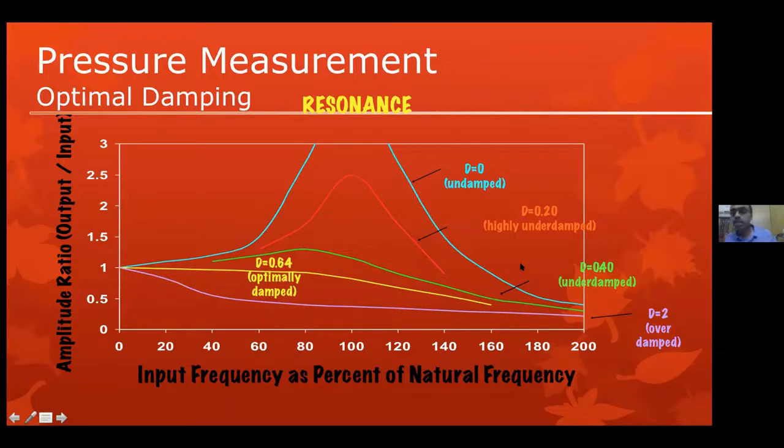Another question: should balancing be done with the three-way open? Balancing is different, zeroing is different. Zeroing is where you are telling the system that this is the level of atmospheric pressure, and from here onwards, whatever is positive is +1, +2, +3, +4 millimeters of mercury. For zeroing, you are opening the three-way to air.